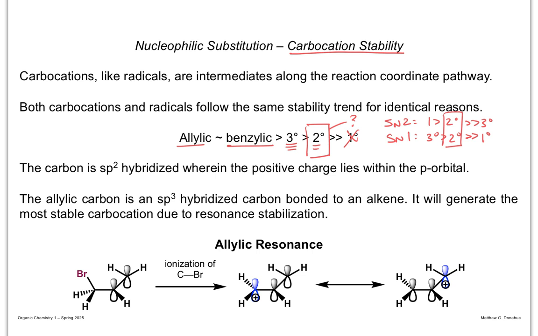So when the carbon atom that's bonded to the leaving group in the starting material, it's sp3 hybridized. The leaving group leaves, it's ionized, the hybridization changes to sp2. And the positive charge resides in the p orbital.